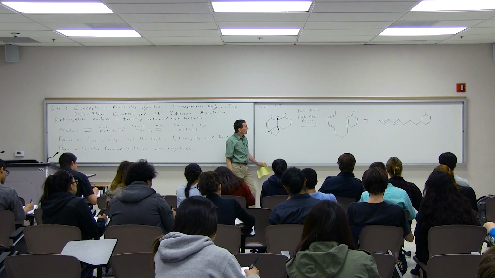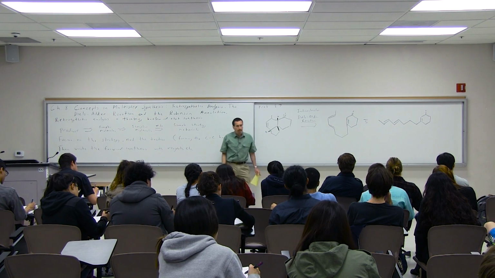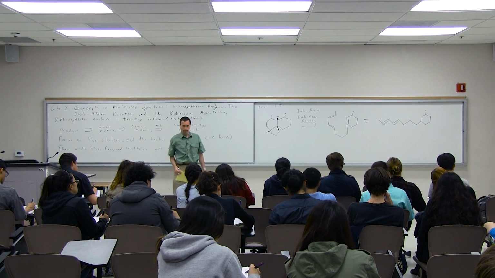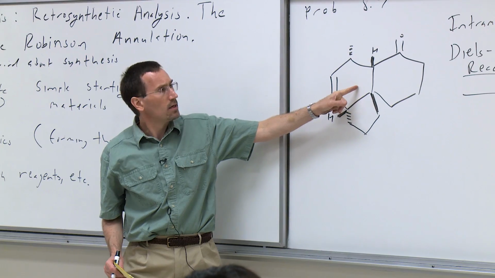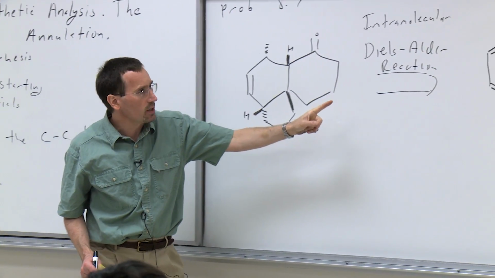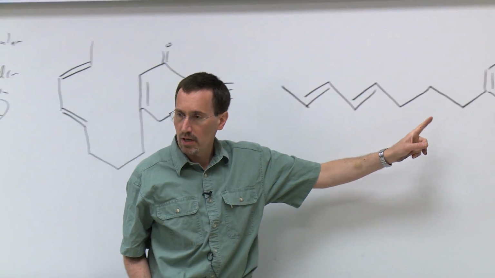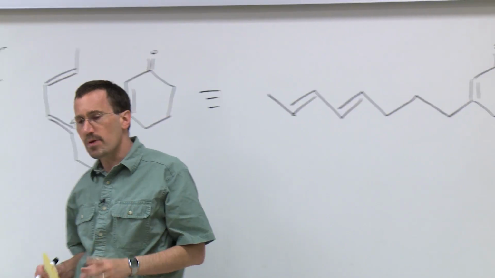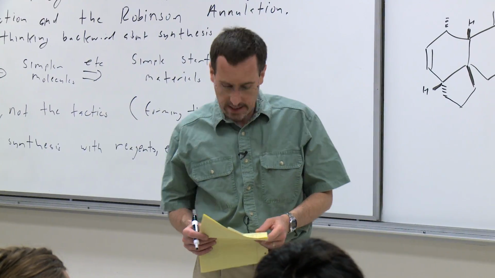And I just wanted to write that in a linear fashion. So a cyclohexene clues us in that you may have a Diels-Alder reaction. A cyclohexenone clues us in that you might be able to form this molecule by a Robinson annulation.